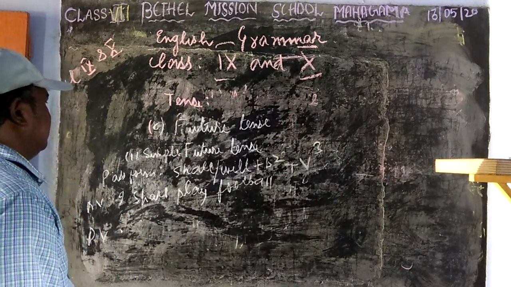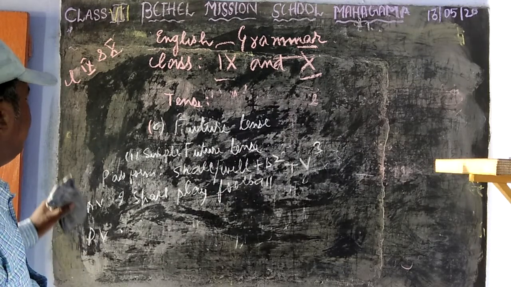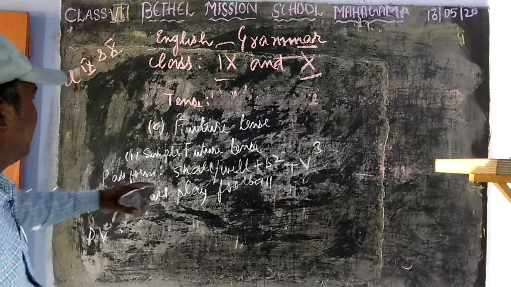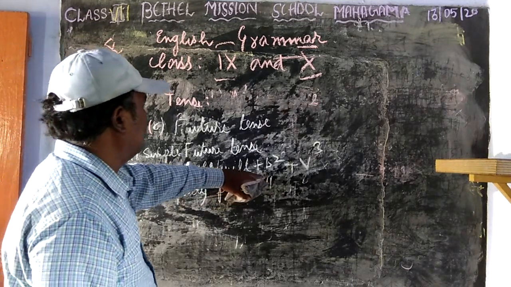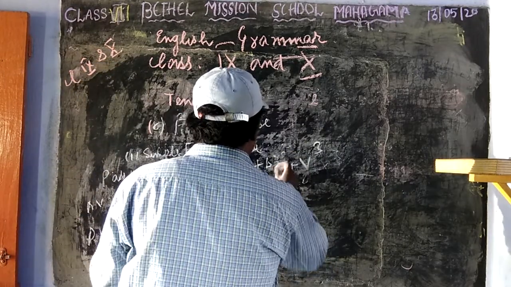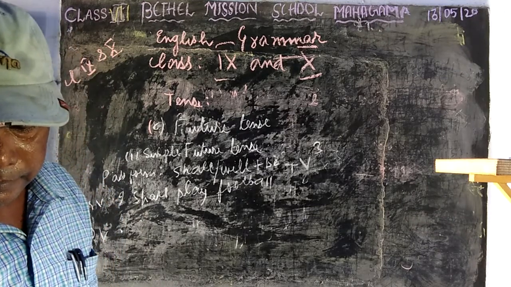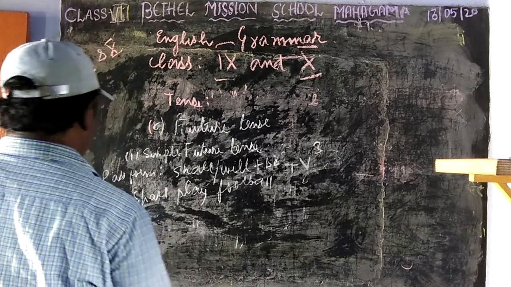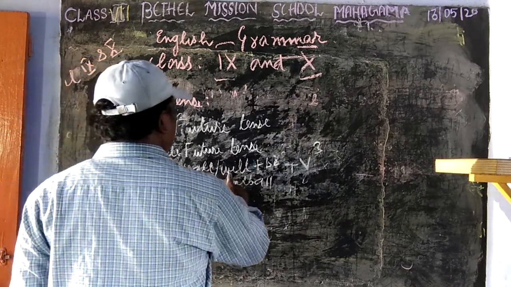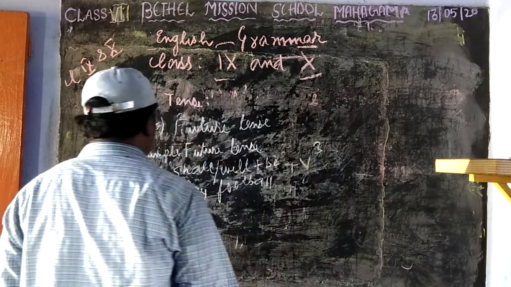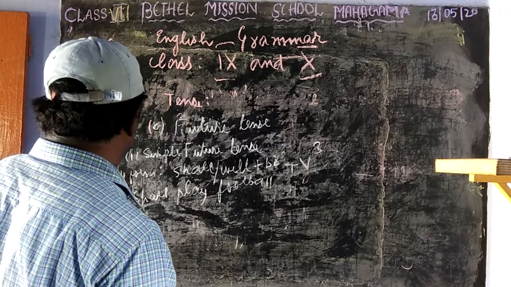Example in active voice in simple future tense is I shall play football. Passive: football will be played by me. So that is an example of simple future tense in passive voice.